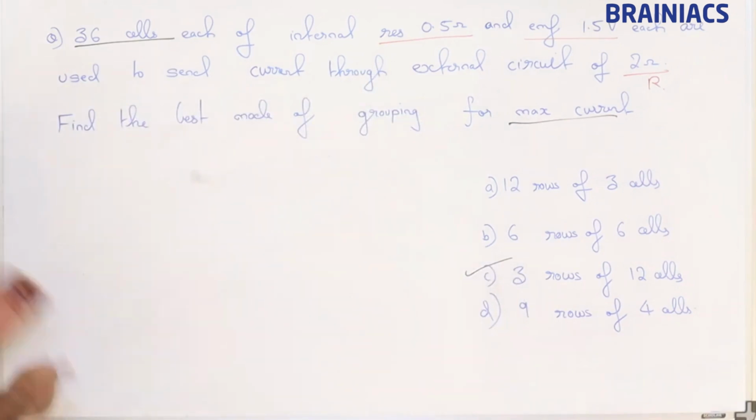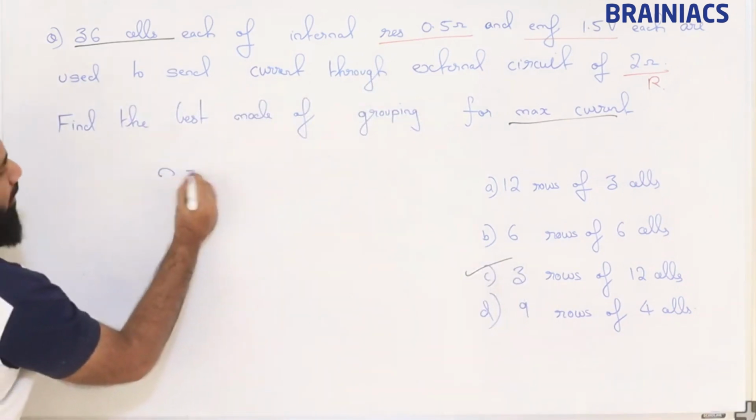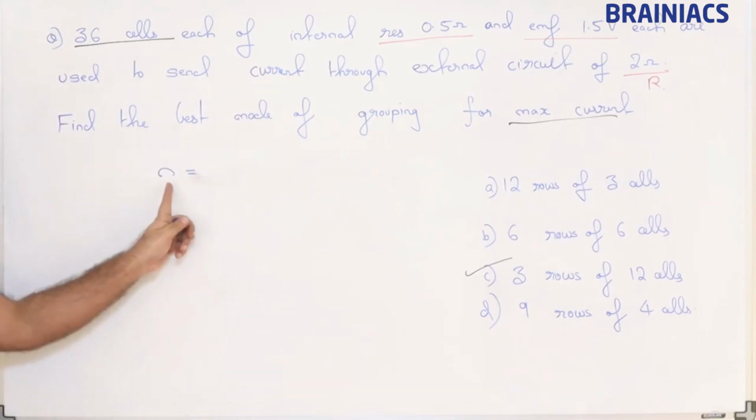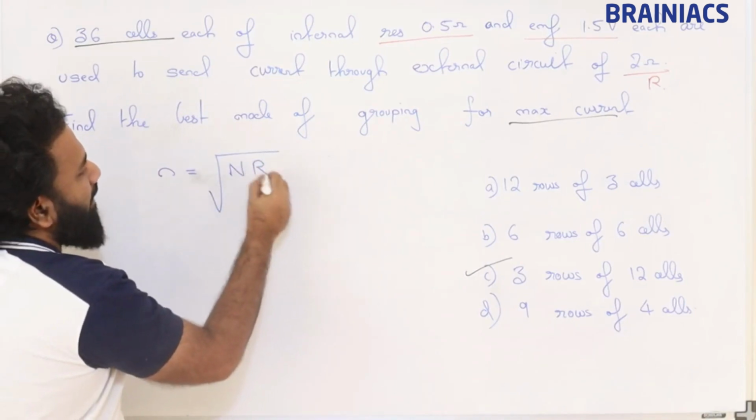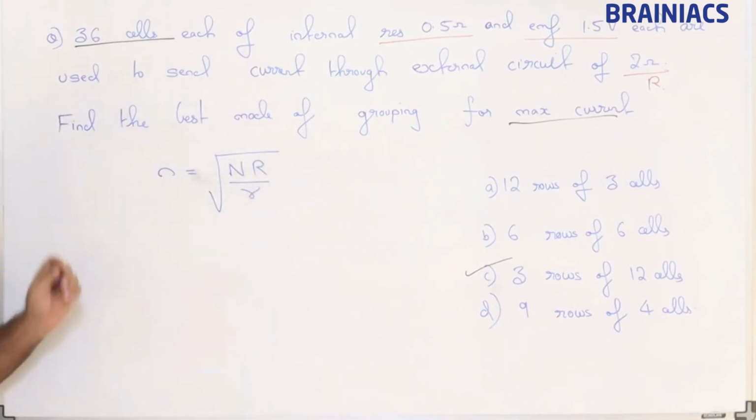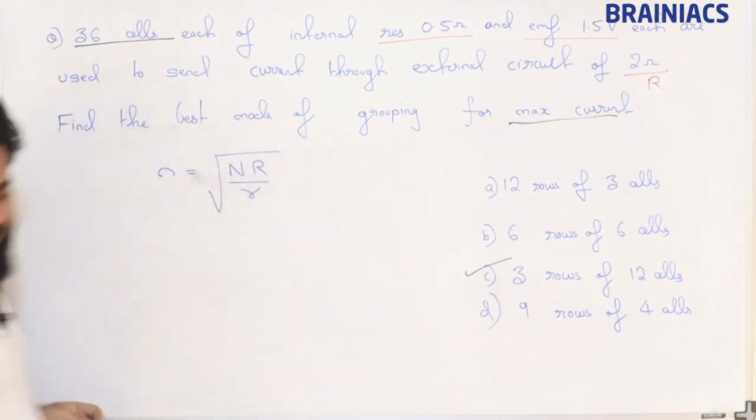See, number of cells in each row, if you need to find, you can do capital NR by R. This capital N is nothing but the total number of cells.